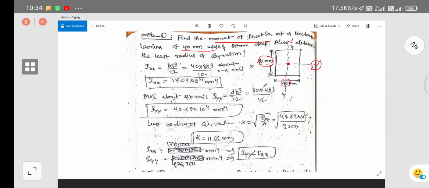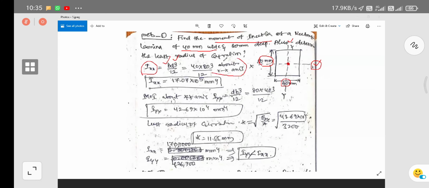We know that the moment of inertia about the x axis, that is the central axis, is b d cube by 12. Here b is the breadth and d is the depth of the object, divided by 12. b is 40 mm and depth is 80 mm, whole cube, divided by 12.